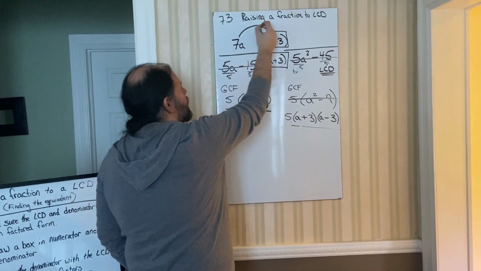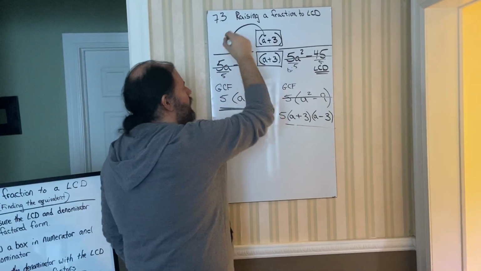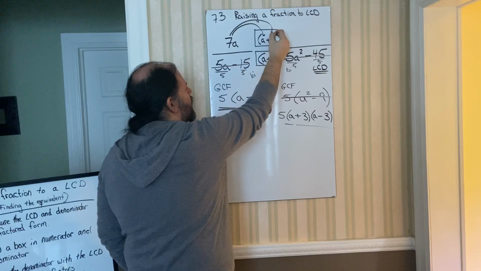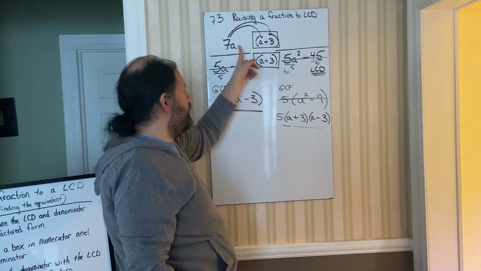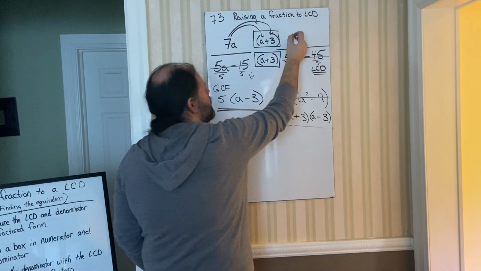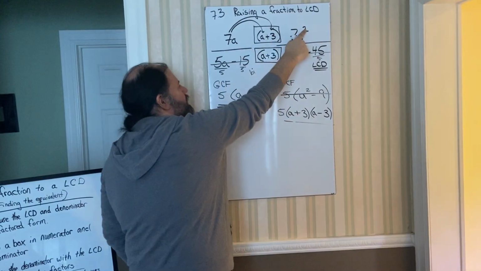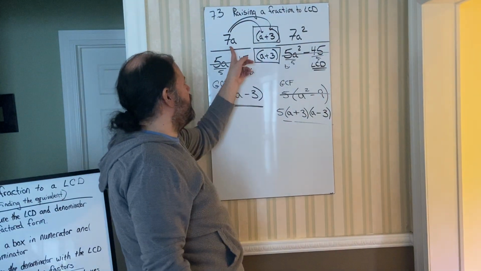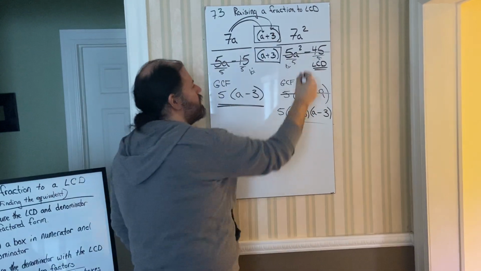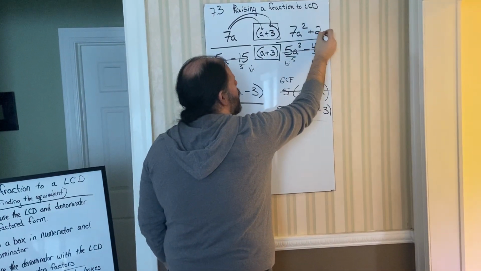So 7a times a, and then 7a times 3. 7a times a is going to be 7a squared. Remember, a times a is a squared. And then 7a times 3 is going to be 21a.